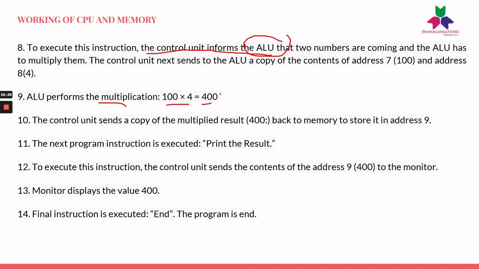Then after performing the multiplication, the control unit stores a copy of the multiplied result 400 in some memory address, say address 9. The next step is that the result we received has to be printed. That is, print the result.